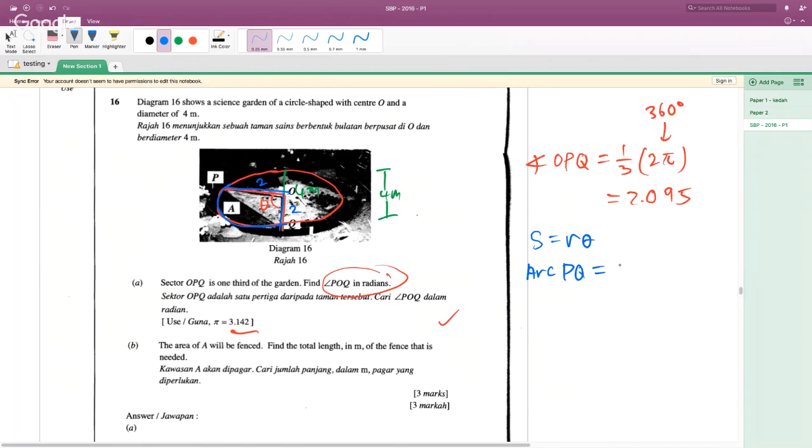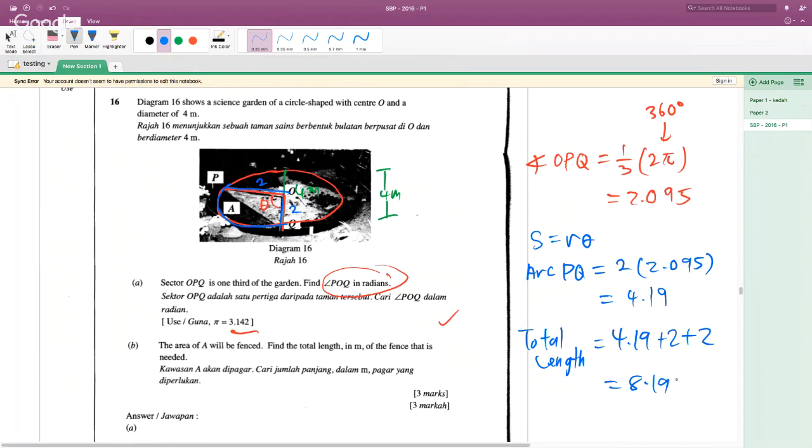R is 2 because the diameter is 4, and theta we already have, 2.095. So I multiply 2 by 2.095 and get 4.19. To find the total length, I add 4.19 plus 2 plus 2, so it's 8.19 meters.